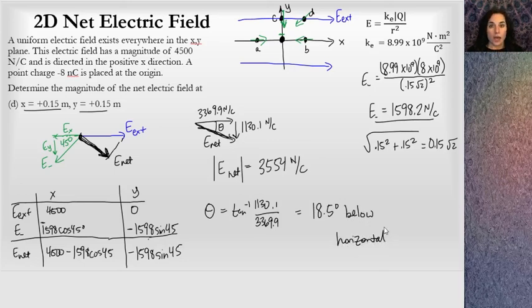So that's how you would add electric fields in a 2D situation. Divide them up separately into their x and y components, add the x components, add the y components, and then you can use the Pythagorean theorem in order to add them together and use trig to find the angle.